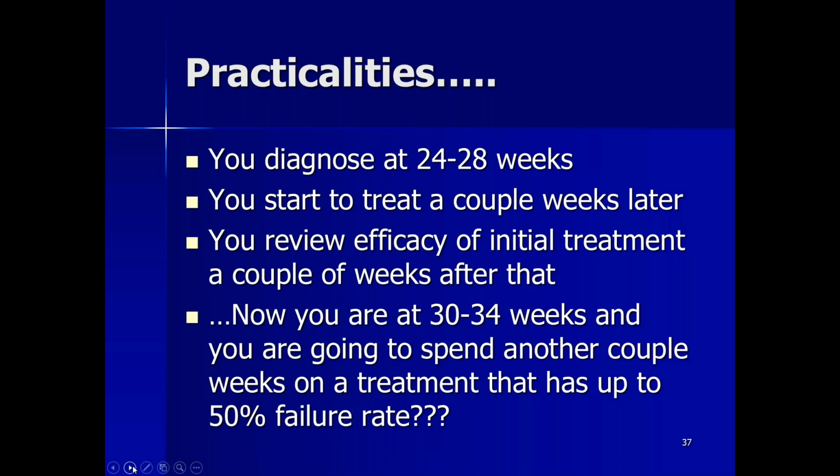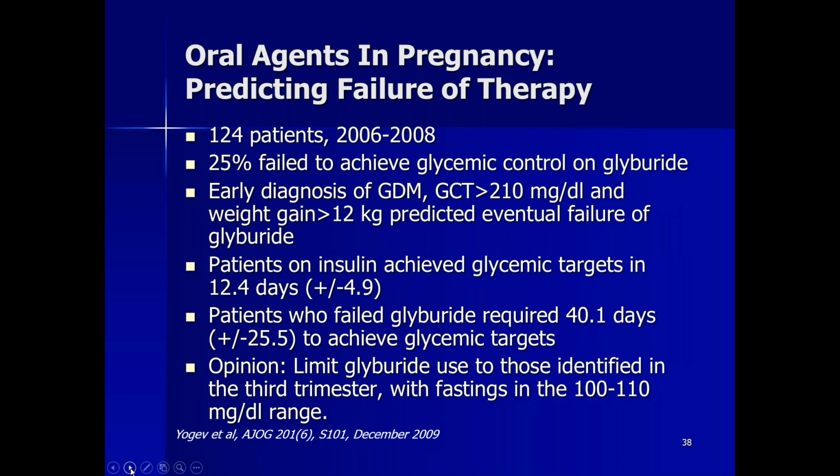And so at this point, you really want to make sure that you are using an agent that is going to get you good control quickly. And that is where insulin has a better track record than the orals because of that risk for therapy failure. There is some data in trying to figure out who will fail therapy. So not huge studies, but they're there. Looking at early diagnosis of gestational diabetes.